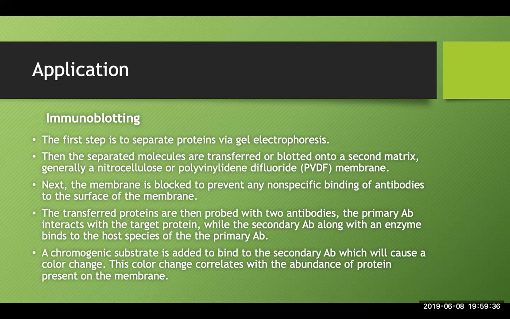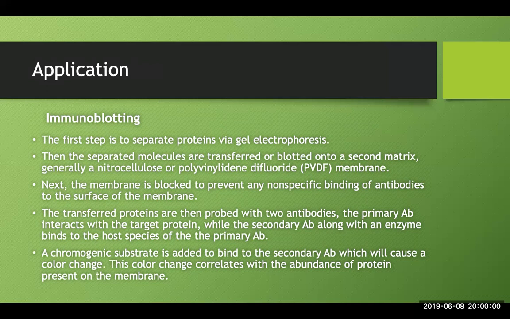The transferred proteins are then probed with two antibodies. You have a primary antibody, which interacts with your protein of interest, and a secondary antibody, which contains an enzyme. The secondary antibody binds to the host species of the primary antibody.